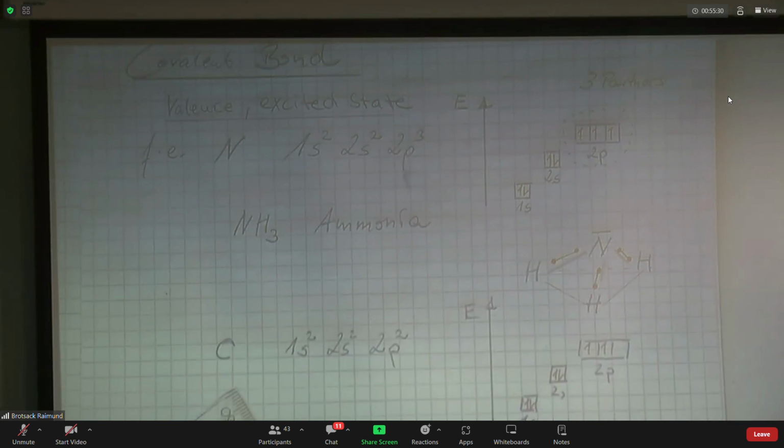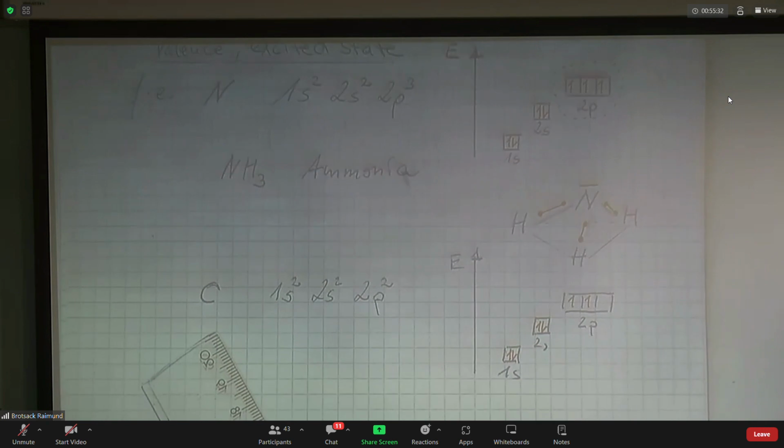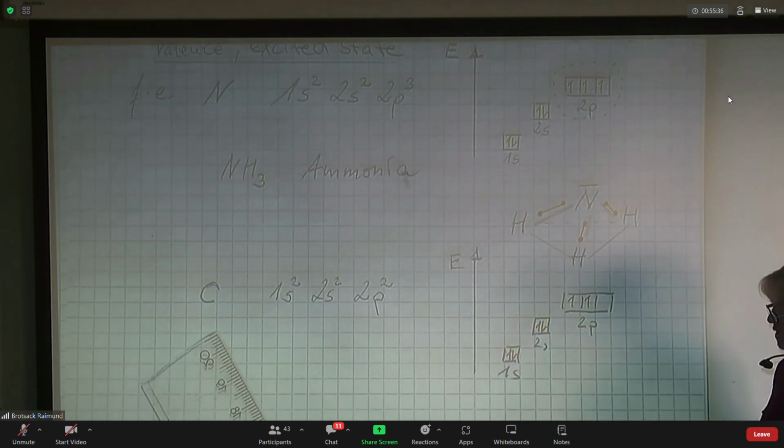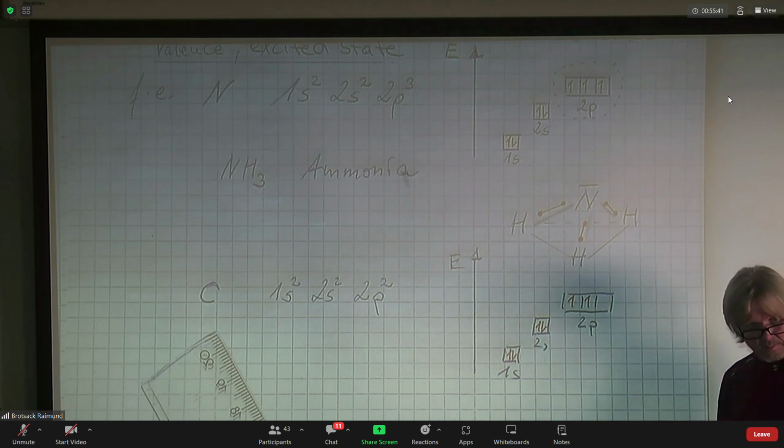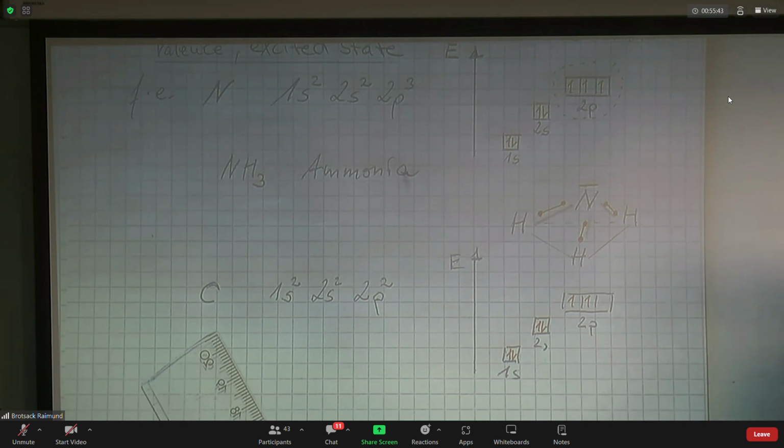So when you now think about how many partners we are expecting when we try to build a chemical bond to any kind of partner, how many partners do you expect? Four is what we will see later, but when you just see that, how many are you expecting? 2.